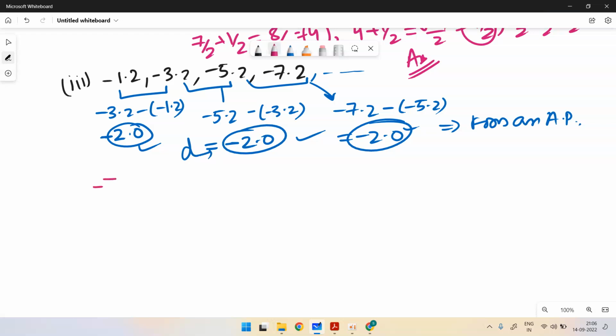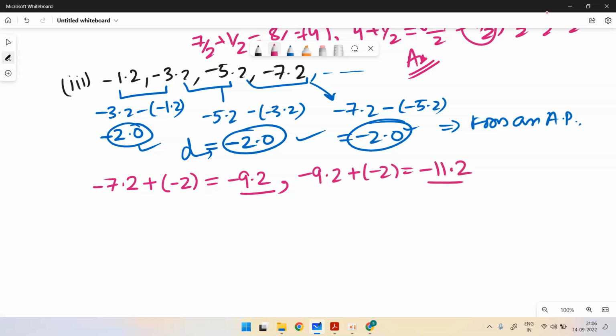The next term will be minus 7.2 plus minus 2, which is minus 9.2. The second term will be minus 9.2 plus minus 2, which is minus 11.2. The final term will be minus 13.2, which is the answer.